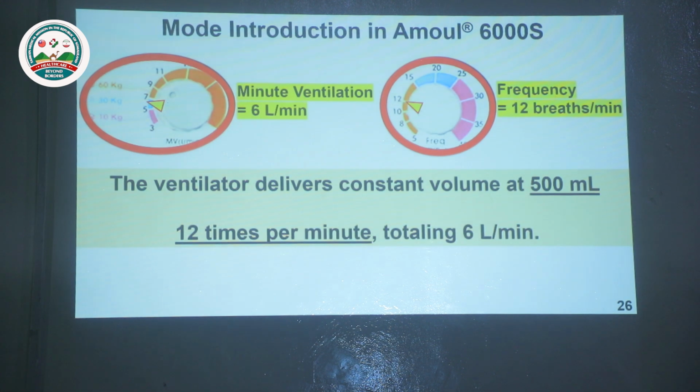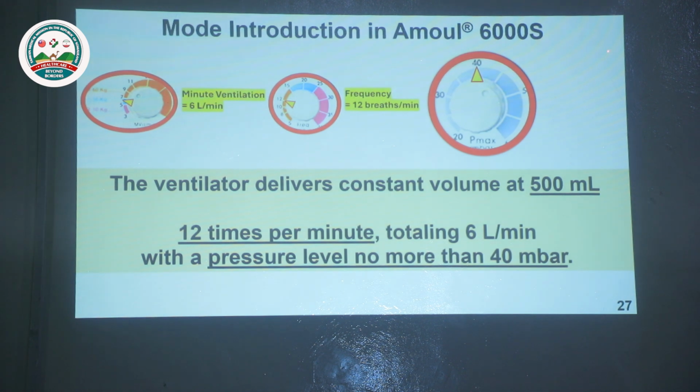So not just for calculation, we need to interpret this equation. This equation means that the ventilator delivers constant tidal volume, and this tidal volume is around 500 ml. And how many times does the ventilator deliver in 1 minute? The ventilator delivers 12 times per minute to get the minute ventilation around 6 liters per minute.